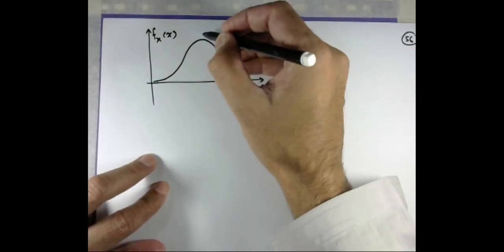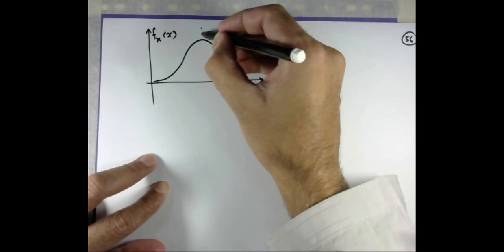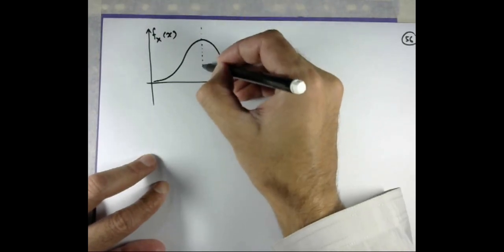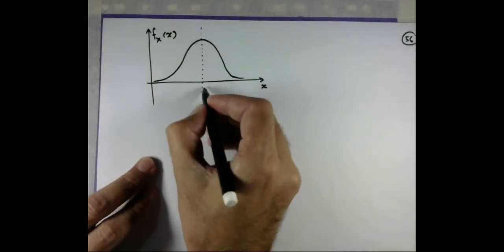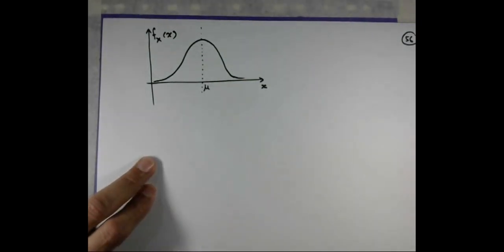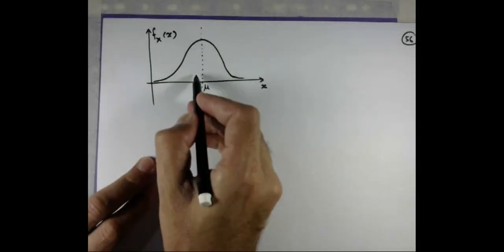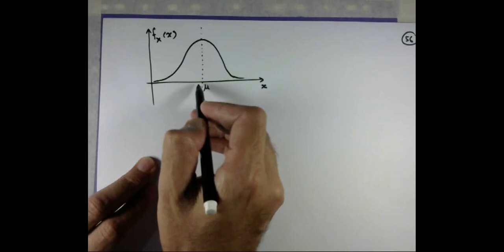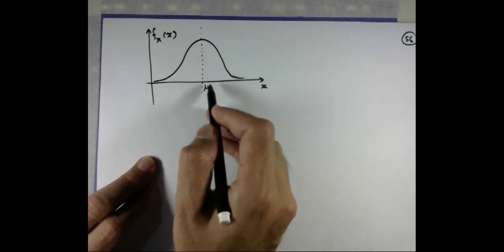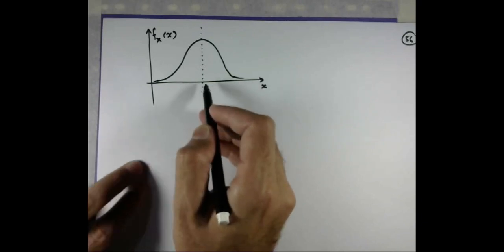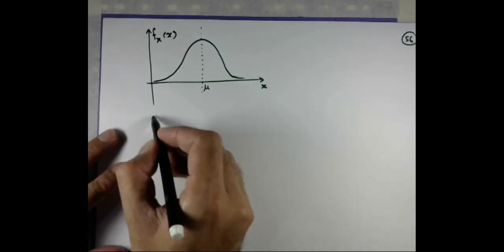Assume that this is a symmetric distribution, which means here lies the mean value, and all the probability below this mean value is exactly equal to all the probability above this mean value.